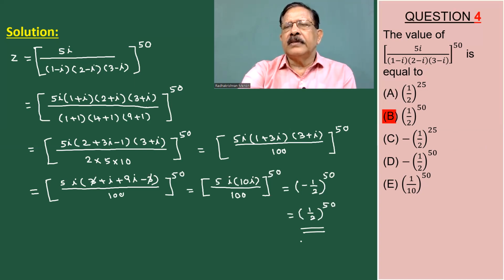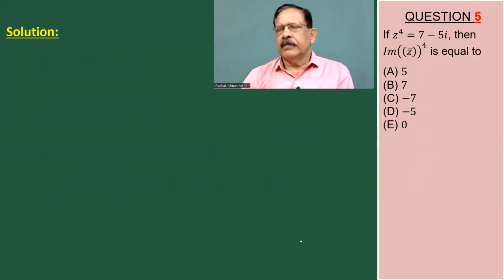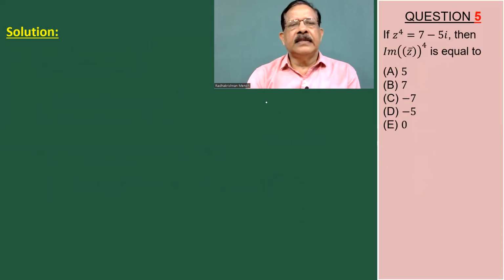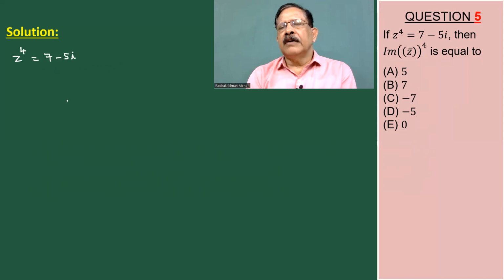Now, fifth question. This is rather easy. It is given that z raised to 4 is equal to 7 minus 5i. You have to evaluate the imaginary part of z bar raised to 4.